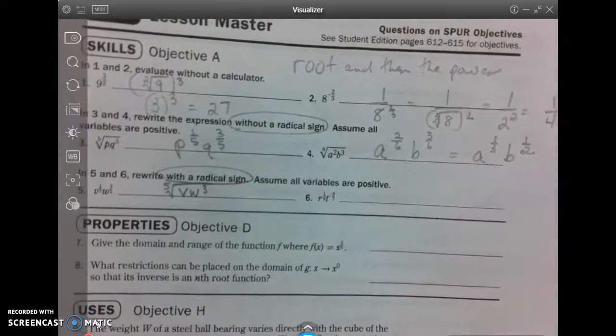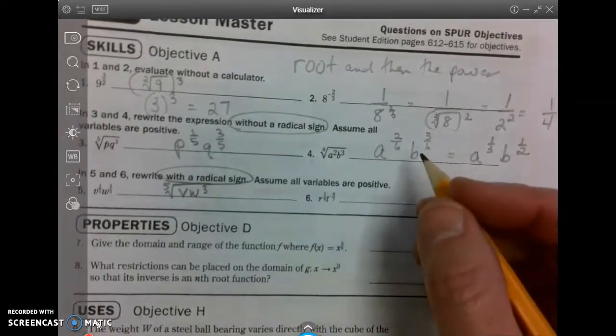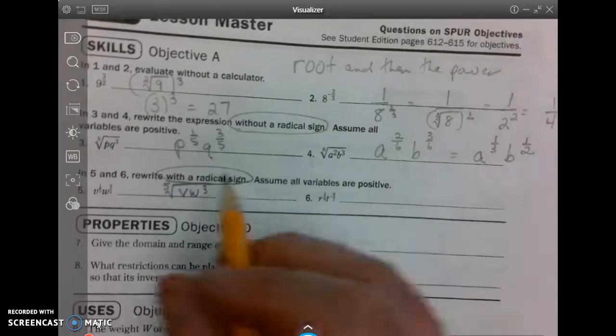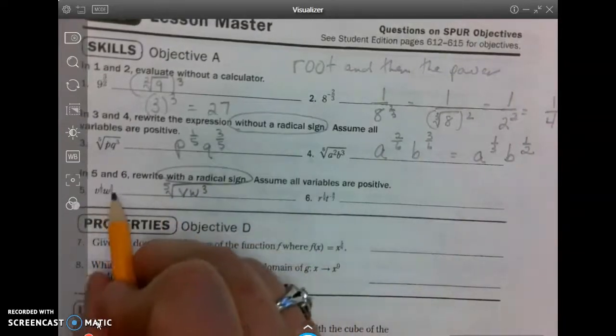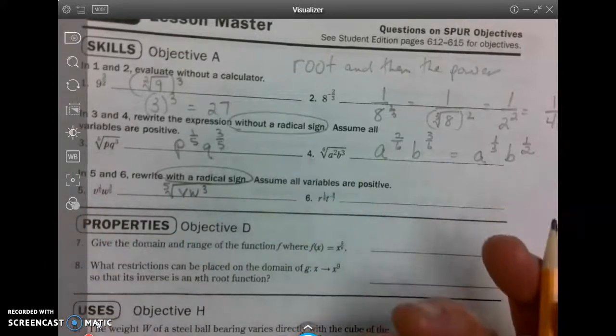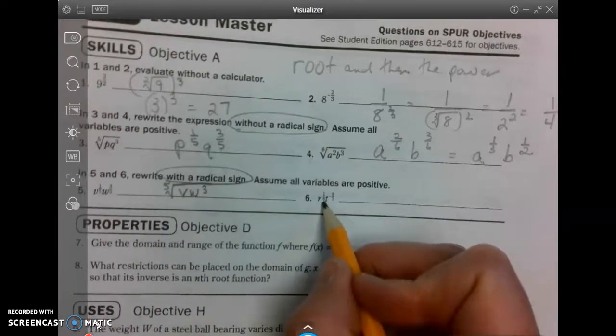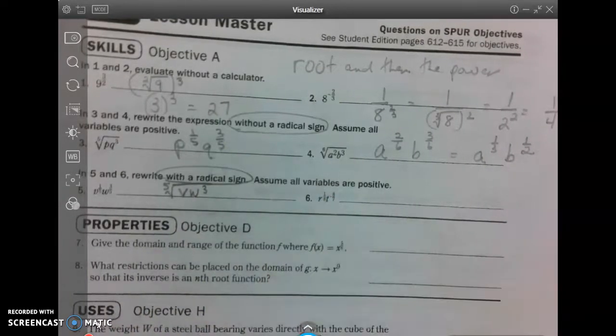And then number 6, let's see, in order to do this, notice how they both had a denominator of 5. They need to have the same denominator so we can put them under one radical sign. So we need to come up with a common denominator.